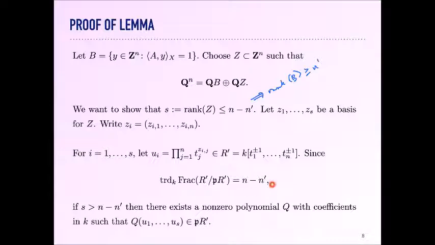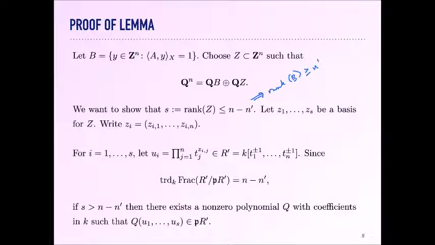If the transcendence degree is n minus n prime, we want to show s is less than or equal to n minus n prime. If s is greater than n minus n prime, that means there's an algebraic dependence. So we know that there exists a non-zero polynomial q with coefficients in k such that these s elements, u1 through us, are algebraically dependent, because they live in a field of transcendence degree n minus n prime, and s is greater than n minus n prime.